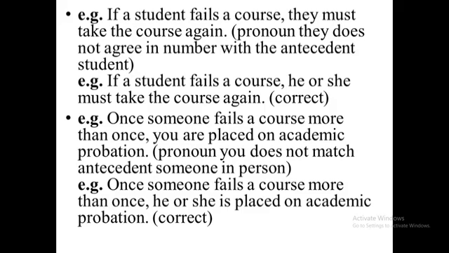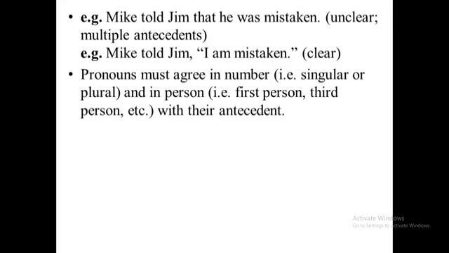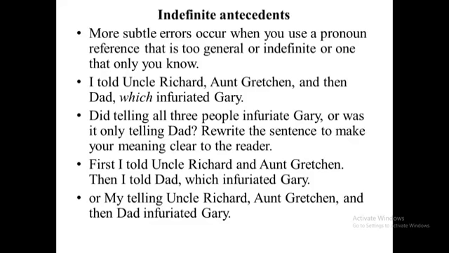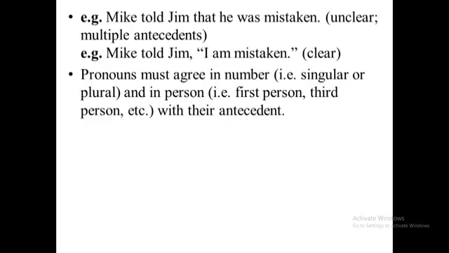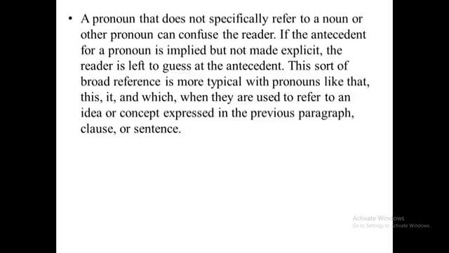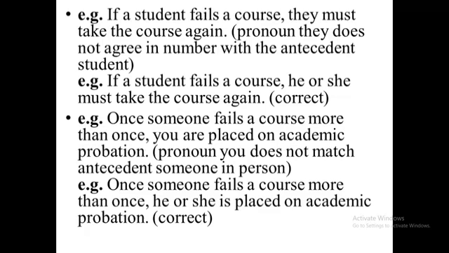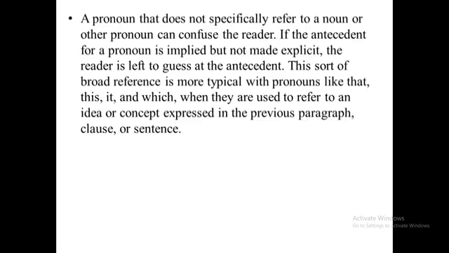Obviously we are dealing with the pronouns, we are dealing with the plural, we are dealing with the singular, as well as first person, second person, third person. So these are the things which should be clear for antecedent and indefinite antecedent and definite antecedent. So a pronoun that does not specifically refer to a noun or other pronoun can confuse the reader.